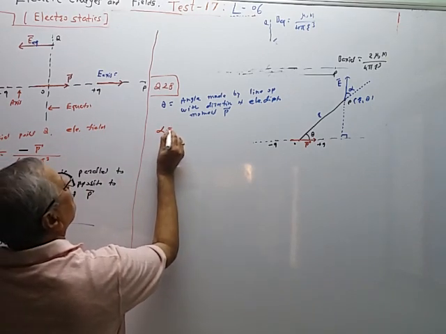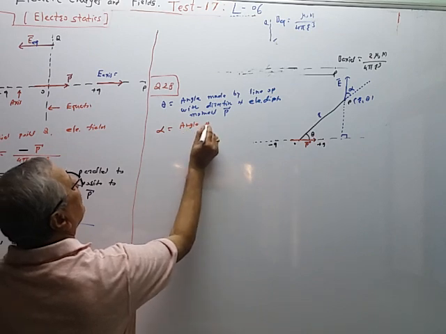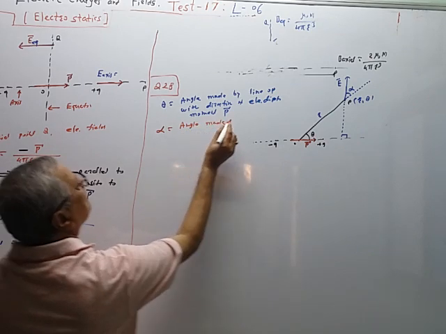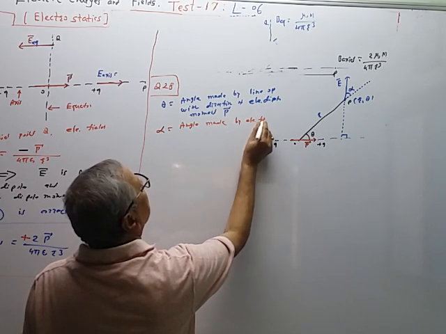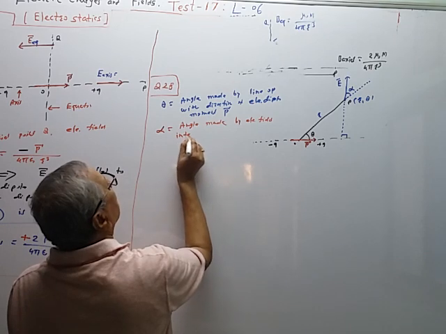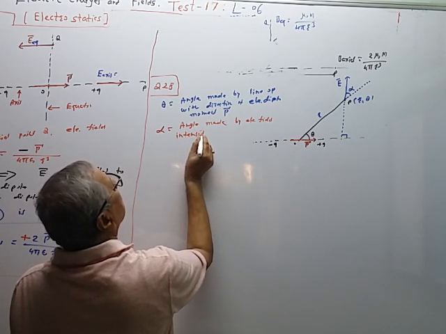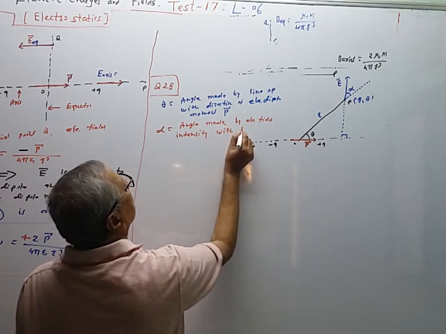Alpha is equal to angle made by electric field intensity with line OP.